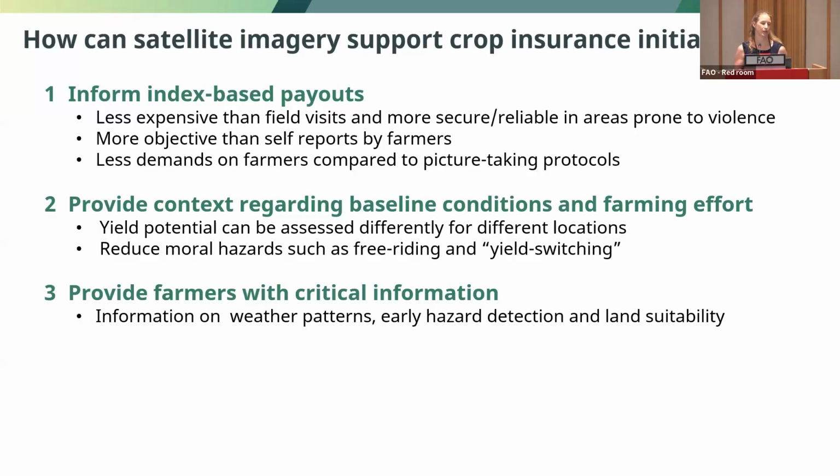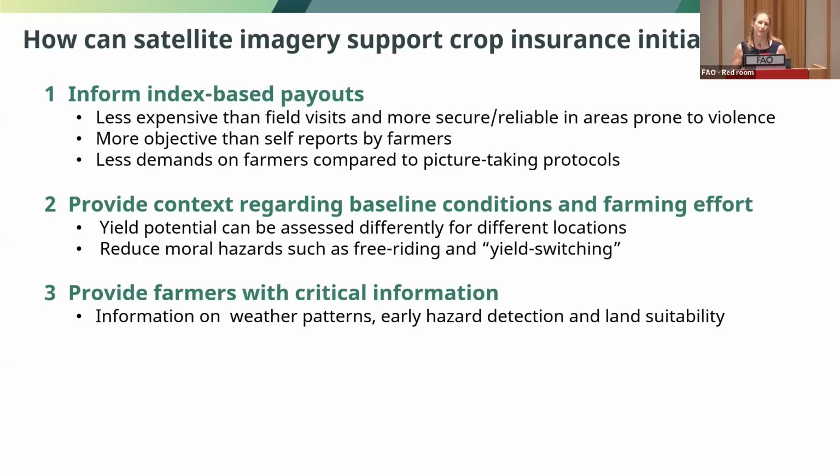Also, using satellite imagery could lower the demands on farmers compared to the picture-taking protocols that are currently used. Also, satellite imagery can provide context regarding baseline conditions and farming effort, so not every plot is expected to produce the same yield. So we can gather those insights from remote sensing, and we can also reduce moral hazards that might be part of the insurance framework.